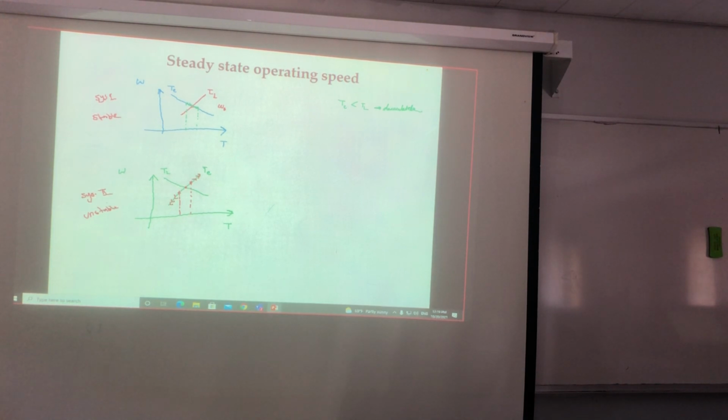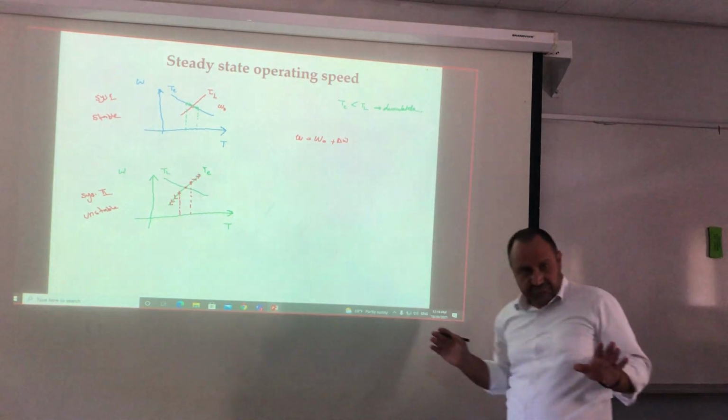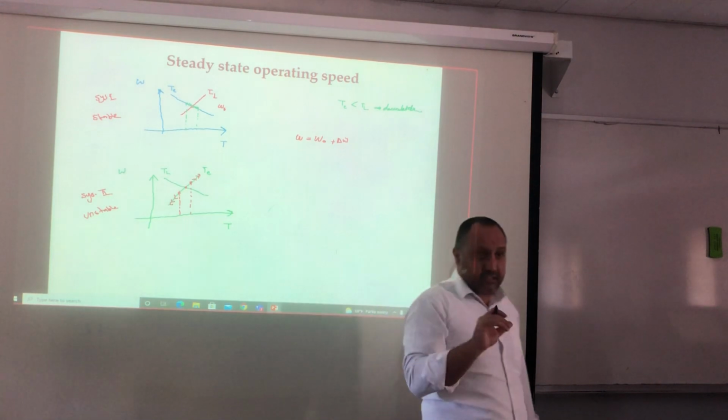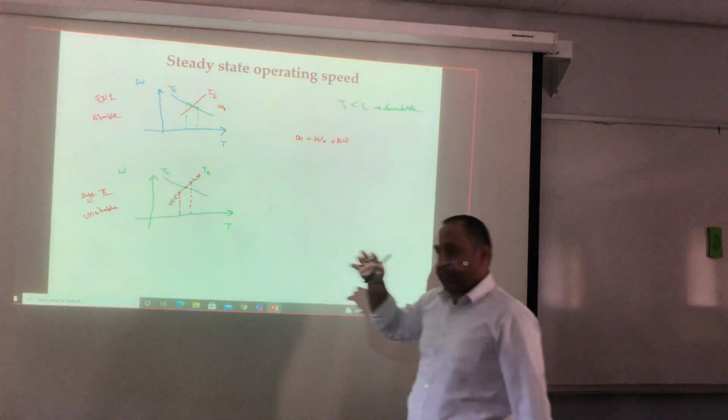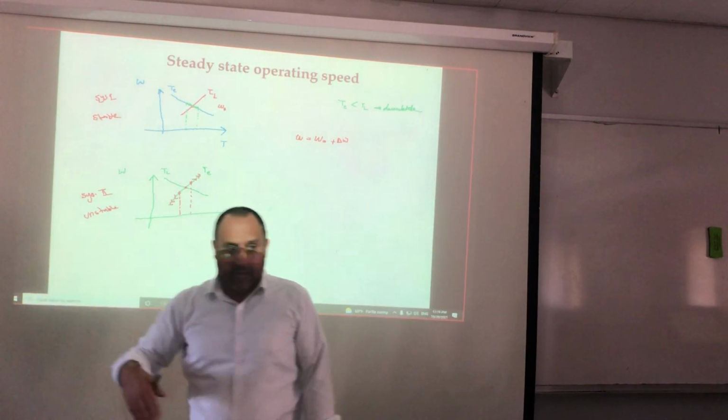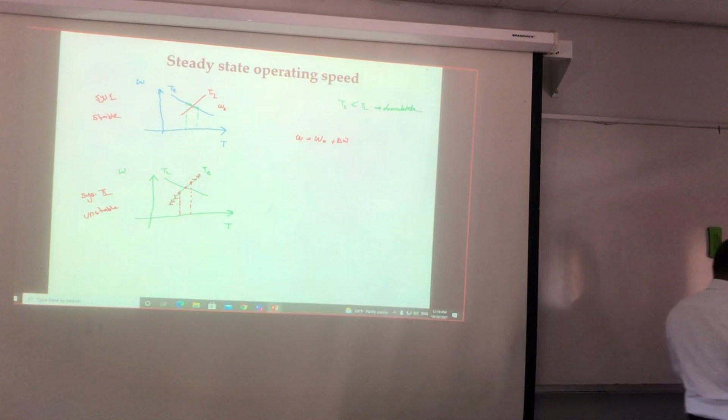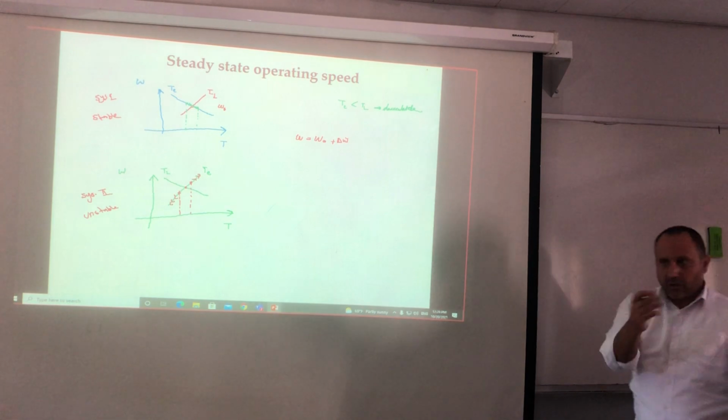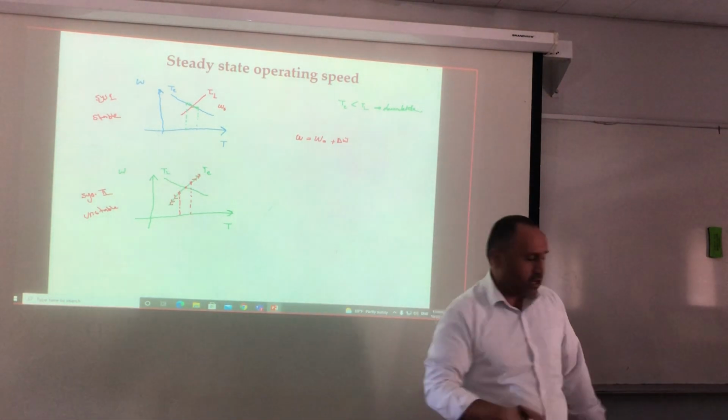Now, if I'm operating at a certain speed and I have a disturbance, then omega equals omega naught plus delta omega, where delta can be plus or minus. In the same sense, the load can vary, plus or minus, so I also have a variation or disturbance in the load torque, and the same in the motor.